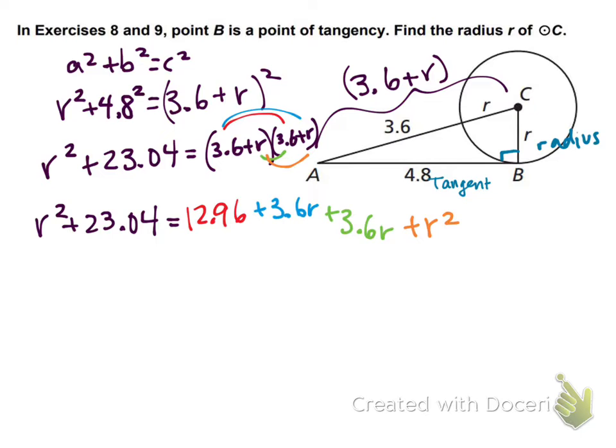Where did you get this r from? I think the r squared is gone. So I don't think this should be there. I'll give you a few more minutes to figure it out, or a minute maybe.